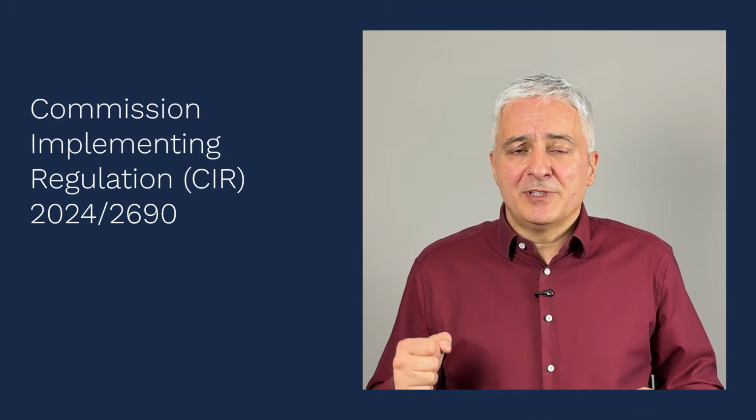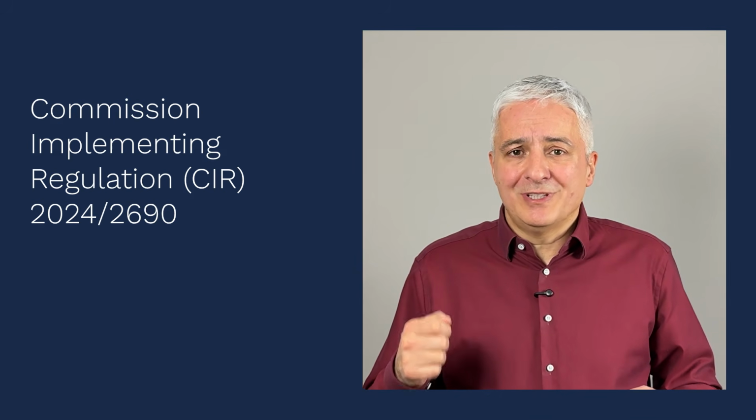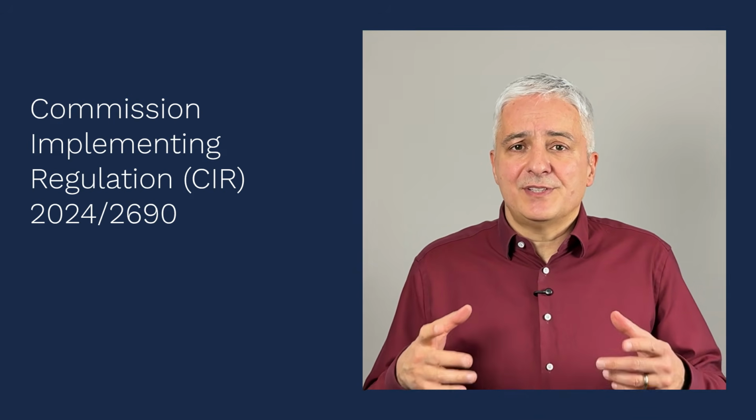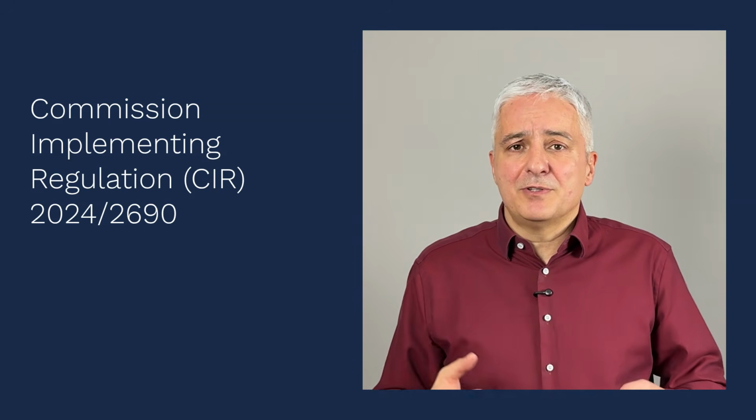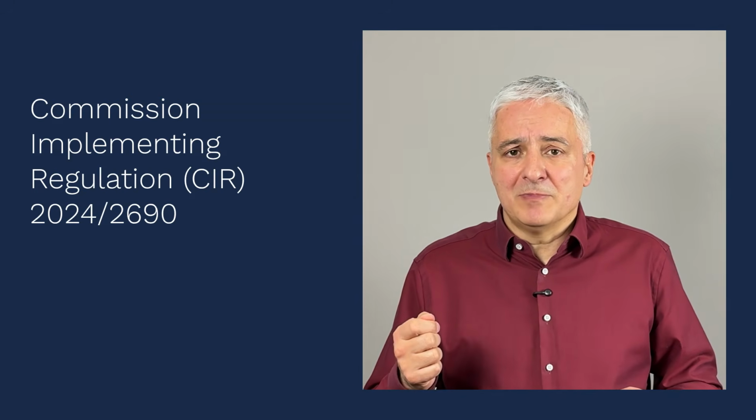Now, it's also worth mentioning that there is also the CIR, which stands for Commission Implementing Regulation 2024/2690. This CIR prescribes in great detail various cybersecurity measures that companies need to implement. It was published by the European Commission, and it is valid in all countries of the European Union, including Croatia.